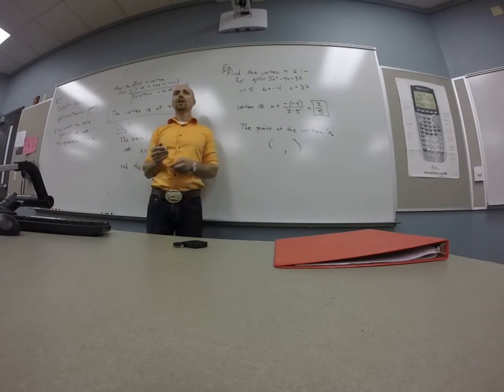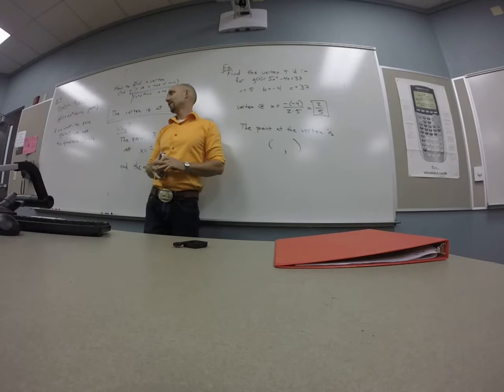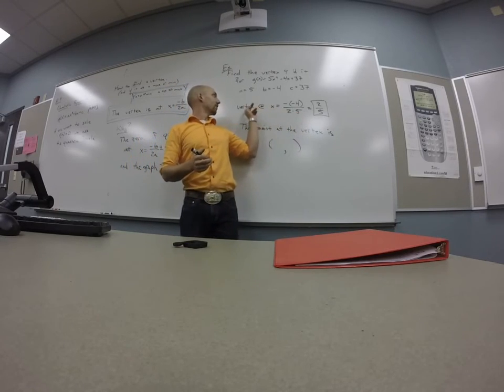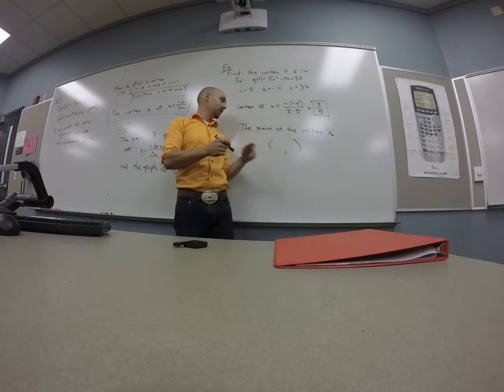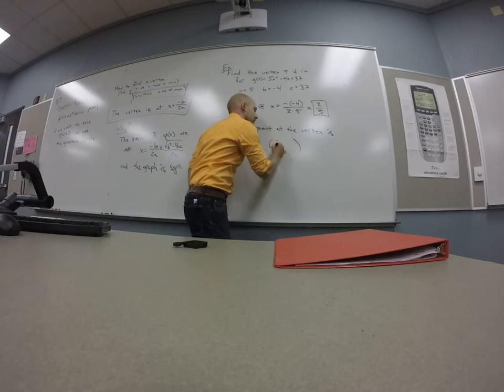What's the x value for the point at the vertex? 2/5. Okay, see that? The vertex is at x equals 2/5, so x had better be 2/5 for the point of the vertex.